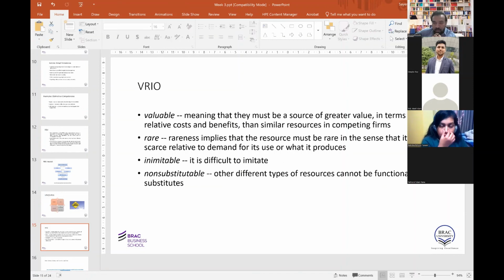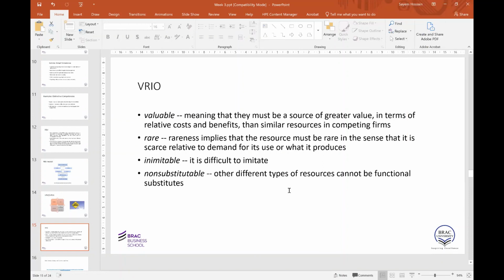Inimitable. Again, the question is, what is imitable and what is inimitable? Inimitable means it is difficult to imitate, copy, replicate or duplicate. That is what inimitability is. And non-substitutability means other different types of resources cannot be functional substitutes.